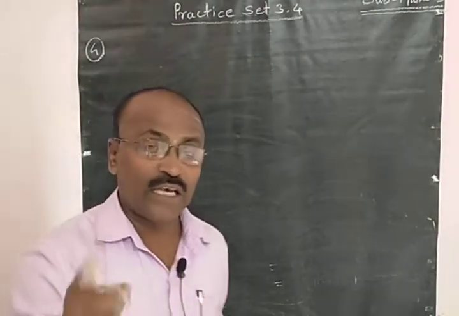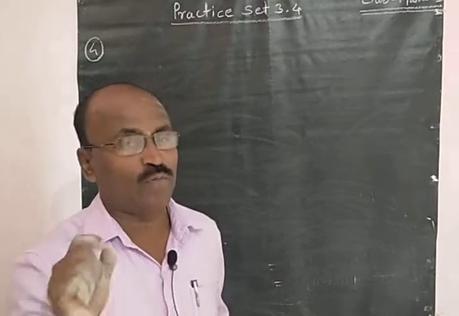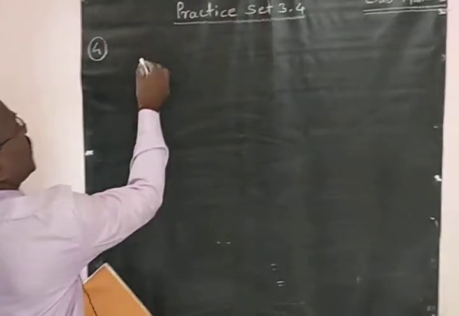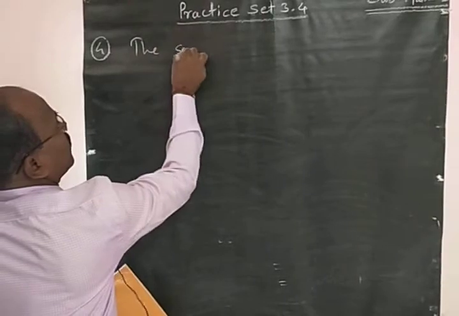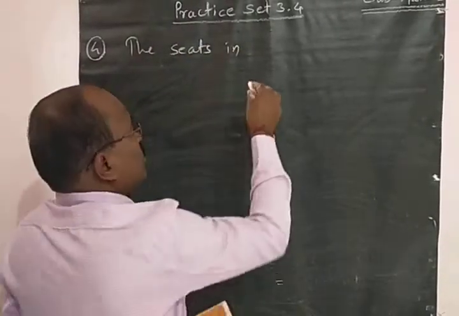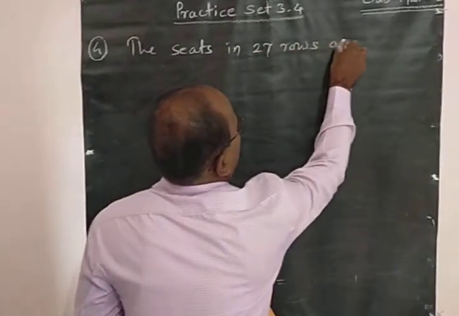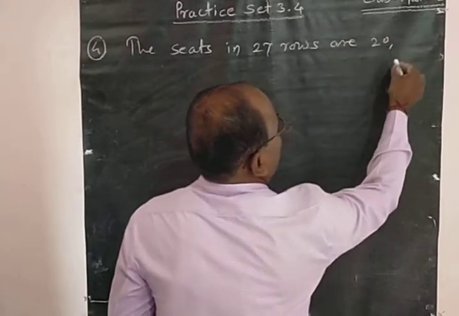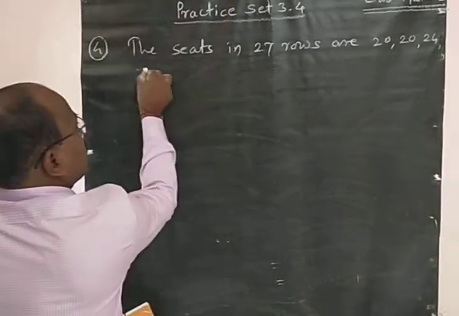That means here we have to find T15 of an AP, means 15th term of an AP. So here the seats in 27 rows are 20, 22, 24 and so on.